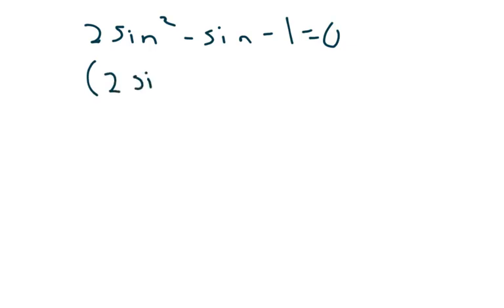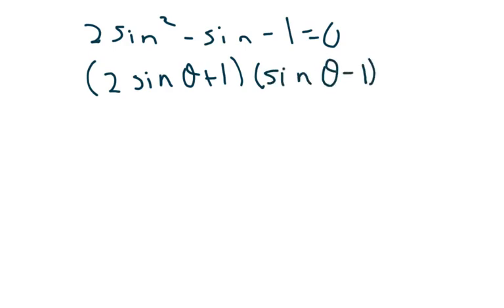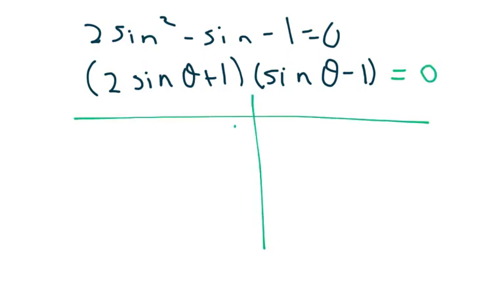So this one is 2 sine squared of theta minus sine of theta minus 1 equals 0. So in this case, we're going to factor it, and we're going to get 2 sine theta plus 1, and then sine of theta minus 1, all equals 0, and we're going to split this up as an or.